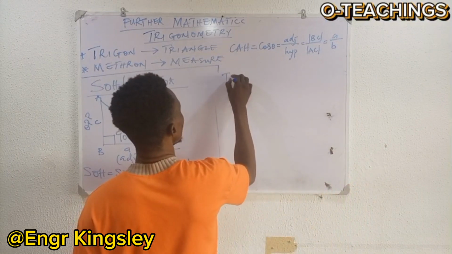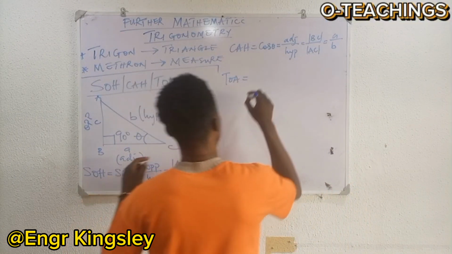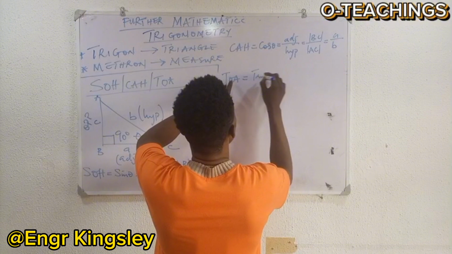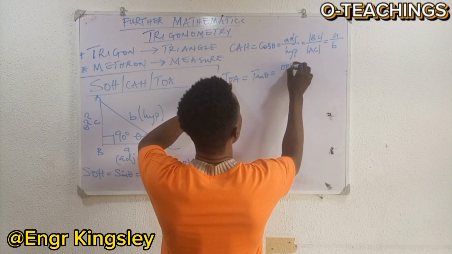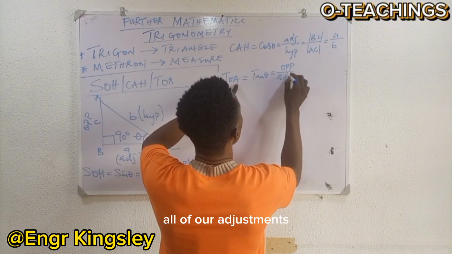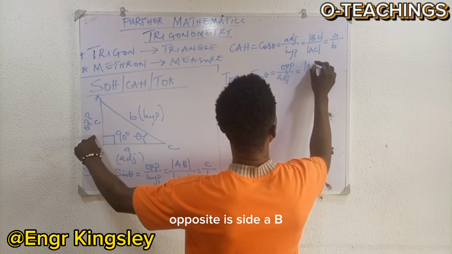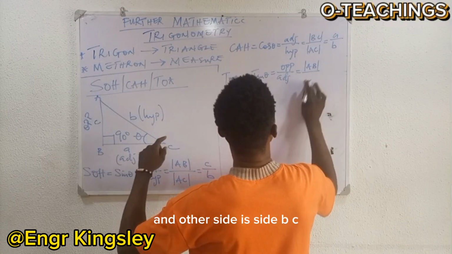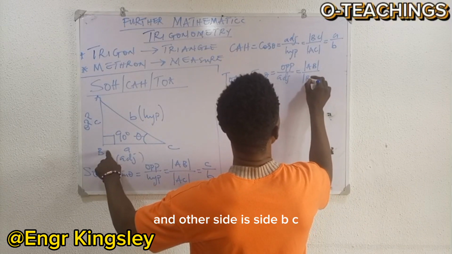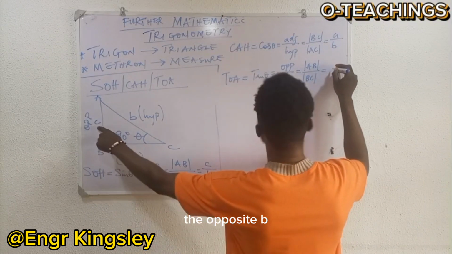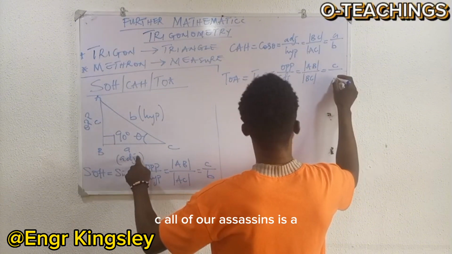Then the third one is tan theta, and tan theta is opposite all over adjacent. Opposite is side AB, and adjacent is side BC. So opposite is c all over adjacent, which is a.